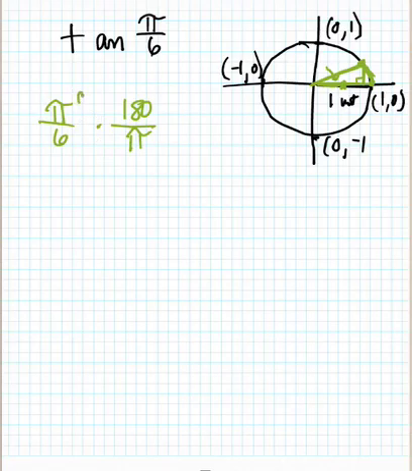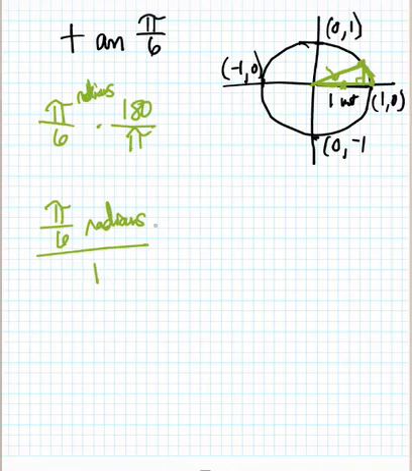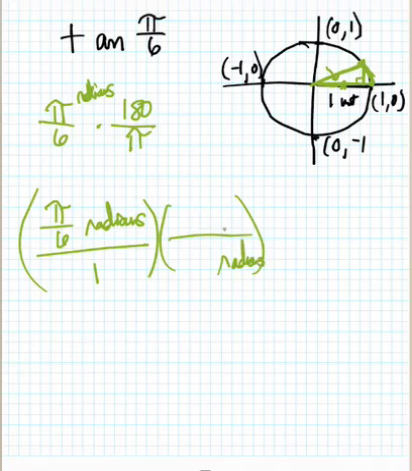You could think of it this way too, to help you think about it. Pi over 6 radians over 1, and it's just the cross cancellation that you would use in chemistry too, right? I want to get rid of radians and convert to degrees.